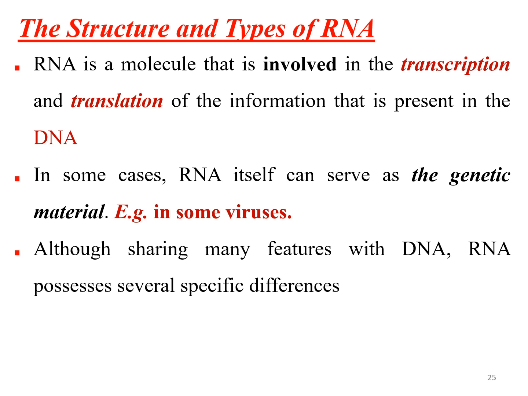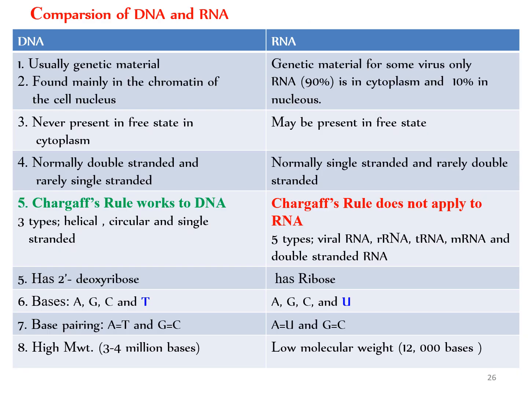Structure and the types of RNA. So RNA is a molecule that is involved in the transcription and the translation of the information that is present in the DNA. In some cases, RNA itself can serve as a genetic material, for example, in some viruses, while also sharing many features with DNA, and RNA has several specific differences. So the main difference between RNA and DNA is this.